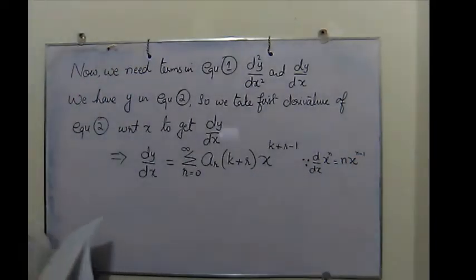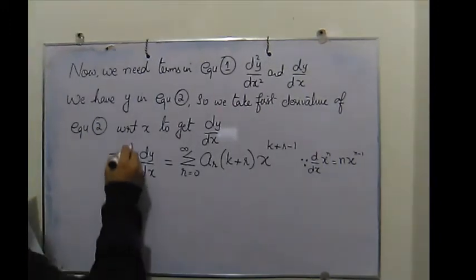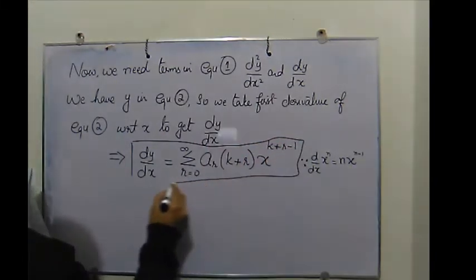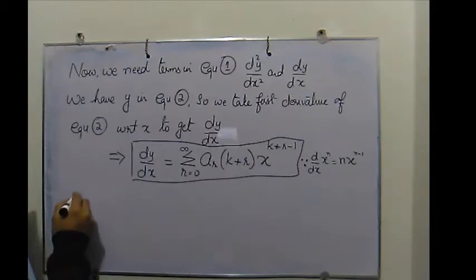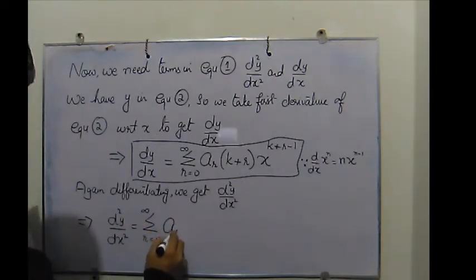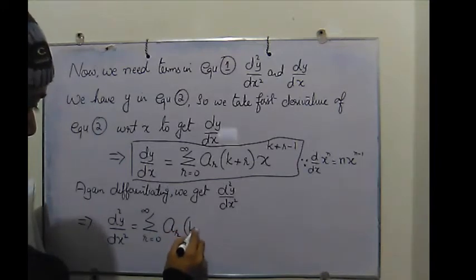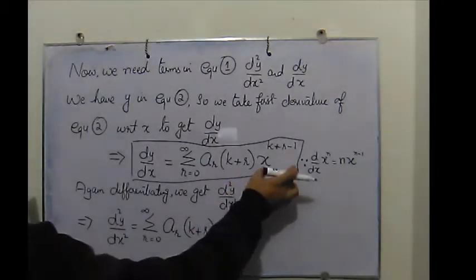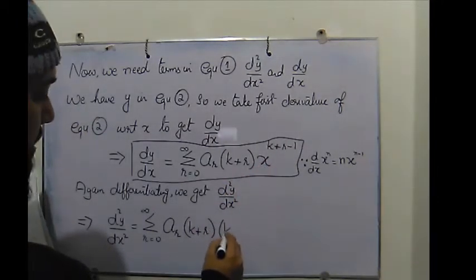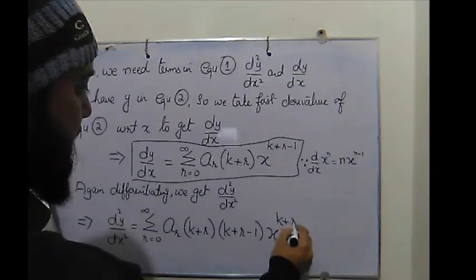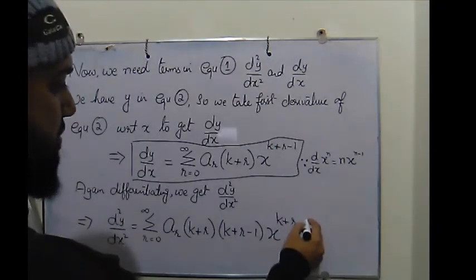If we again differentiate it, then we will get d2y upon dx square. These are constants, so they will be taken outside the derivative, and then we take the derivative of this term, and we will have k plus r minus 1 times x to the power k plus r minus 1, which is k plus r minus 2.